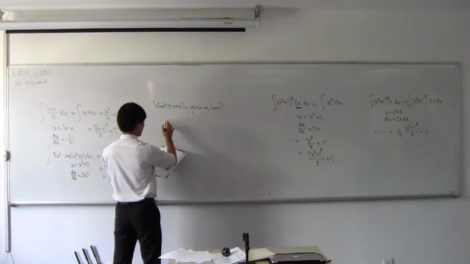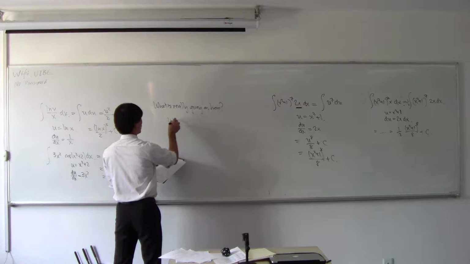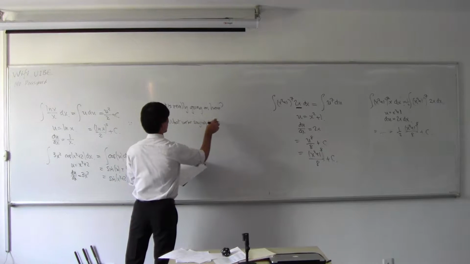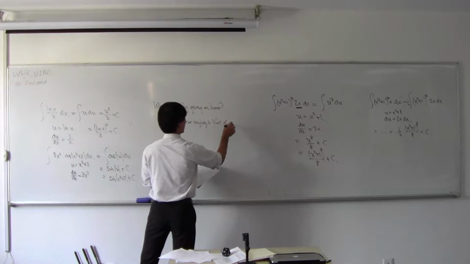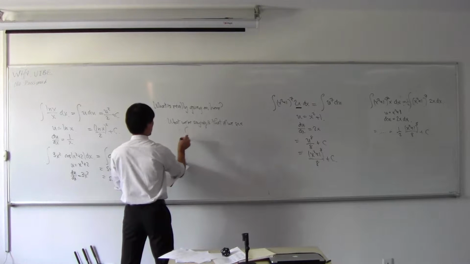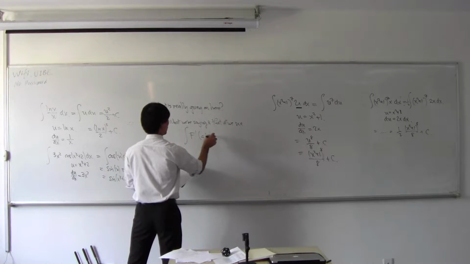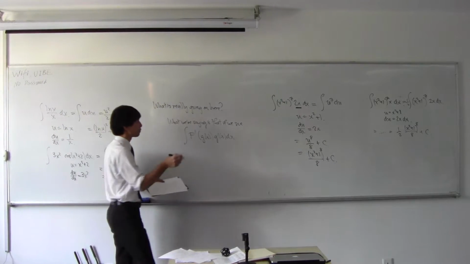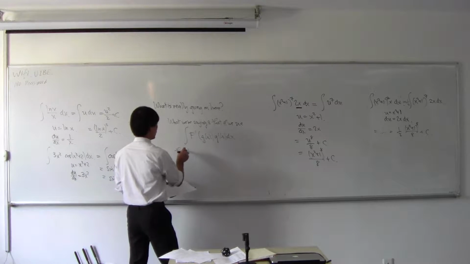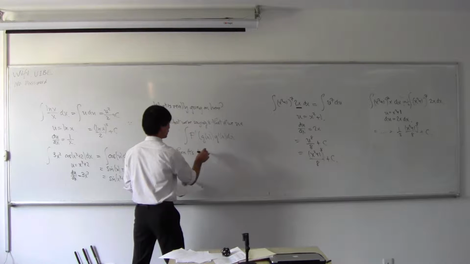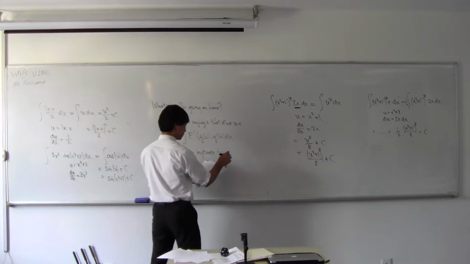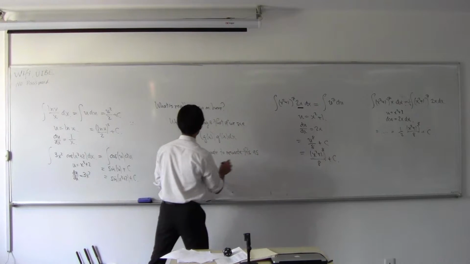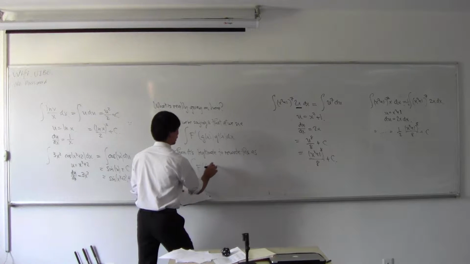Let's say it like this. What we're saying is that if we see something like f prime of g of x times g prime of x dx, then it's legitimate to rewrite this as the integral of f prime of u du.